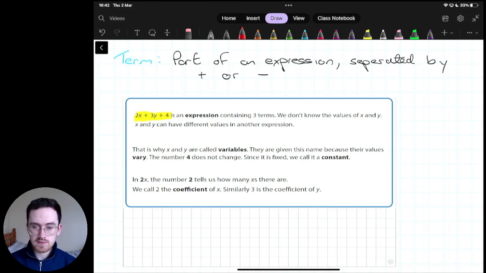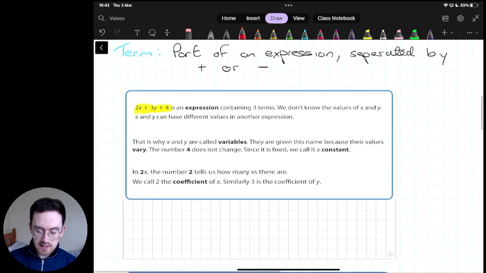So it's constant. If we have something like 2x, the number 2 tells us how many x's there are. So if I was saying how many x's are there, we say there are 2 x's. If I said how many y's are there, there are 3 y's. Okay, and that's important as well when we get on to some of the other questions, just that kind of phrasing.